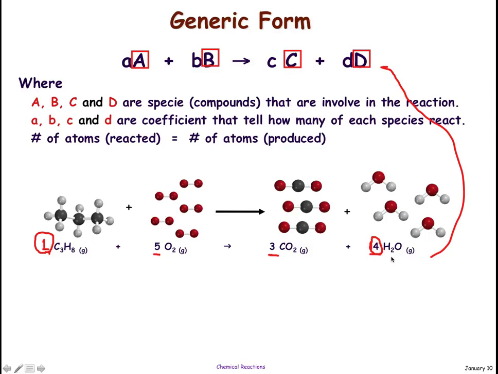The capital D would be H2O. The small c would be 3. The capital C would be CO2. The small b would be 5. That would be the coefficient. The capital B would be O2. That's the chemical formula. And here, the small a would be 1, and the big A would be C3H8.